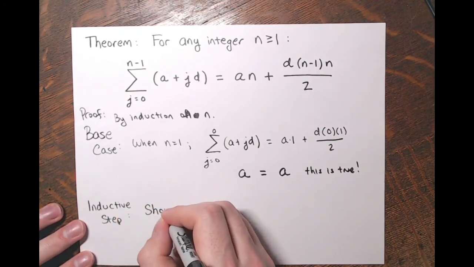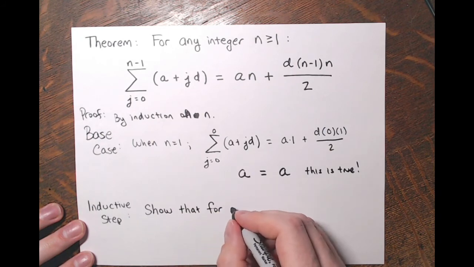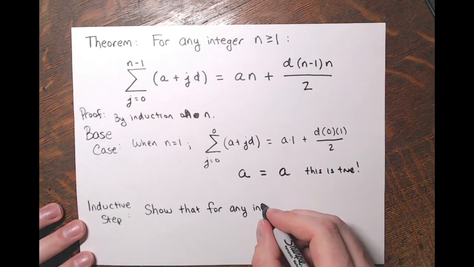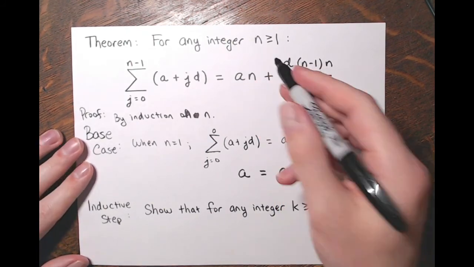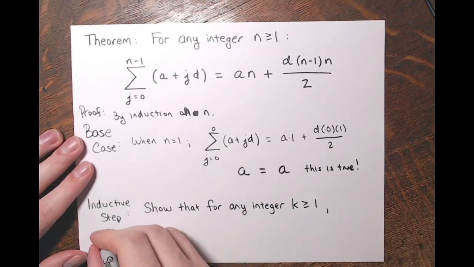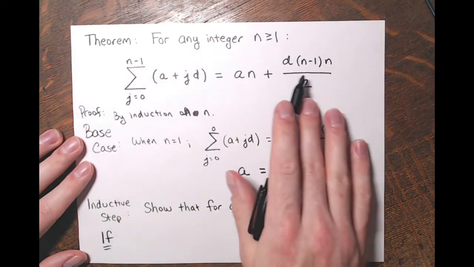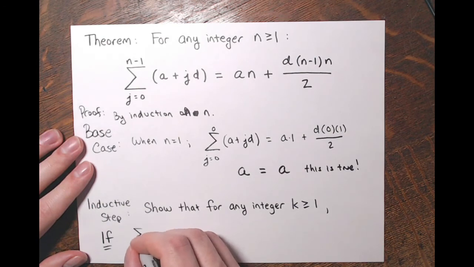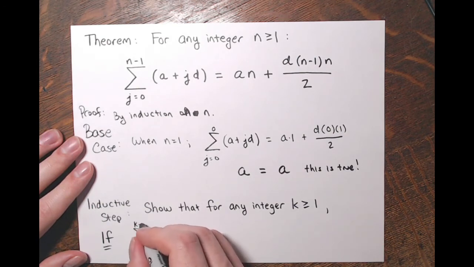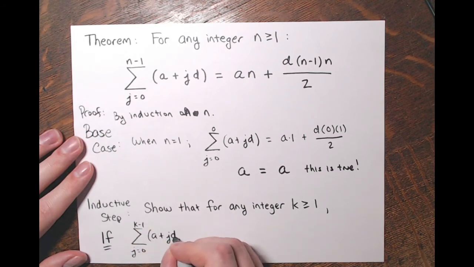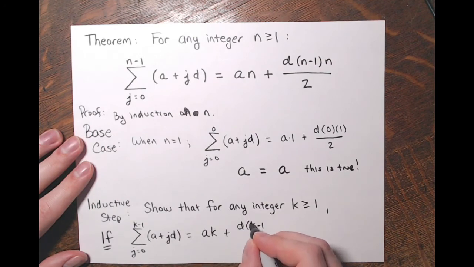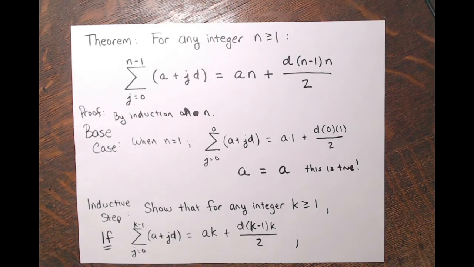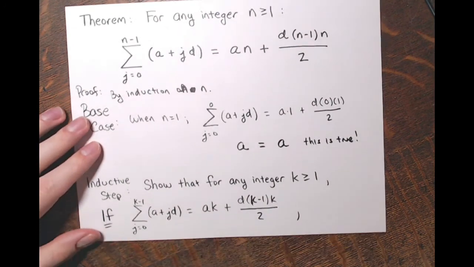So we're going to try to show that for any integer k greater than or equal to 1, greater than or equal to our base value, if this statement is true for n equals k, so if the sum from j equals 0 to k minus 1 of a plus jd is equal to a times k plus d times k minus 1 times k divided by 2, if this is true, then we'll try to show the statement is then true when n equals k plus 1.